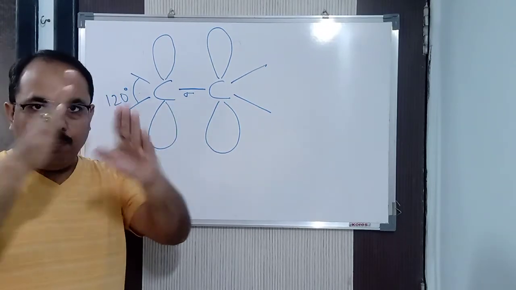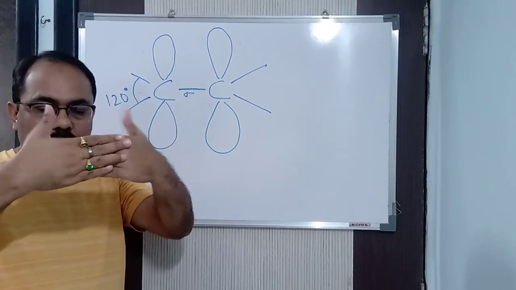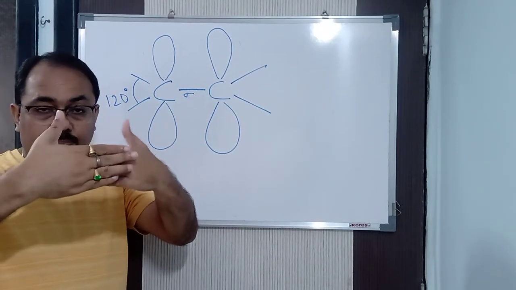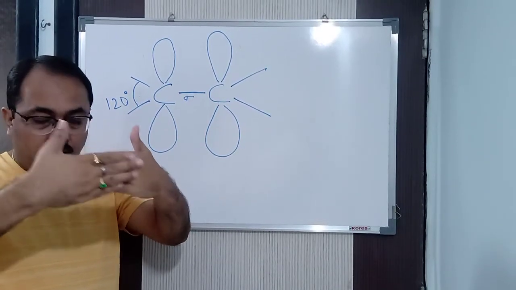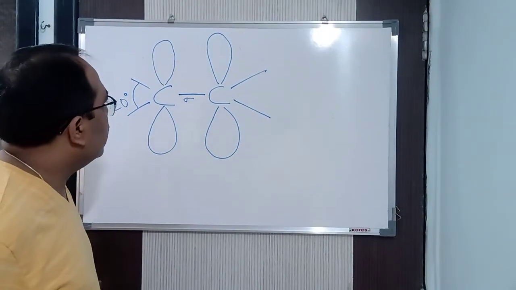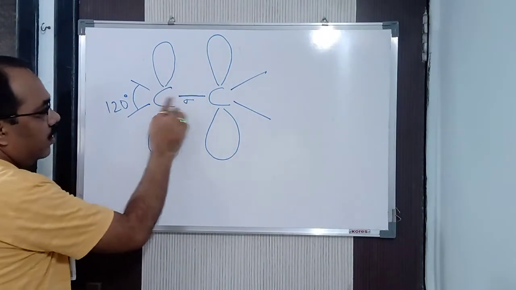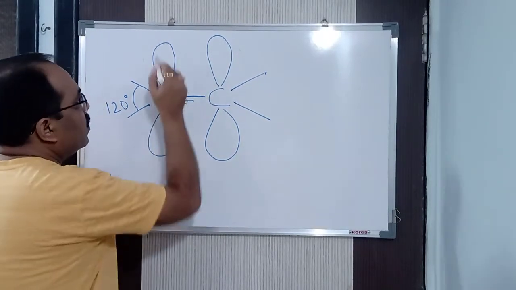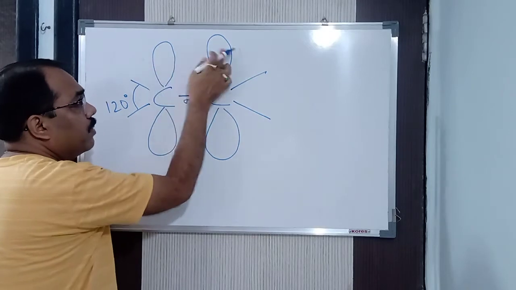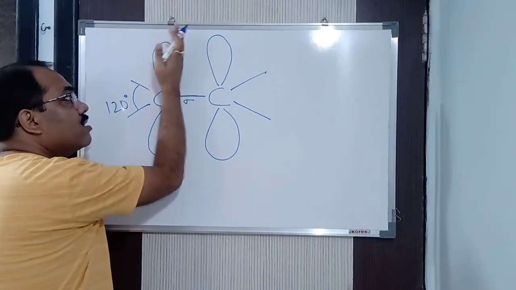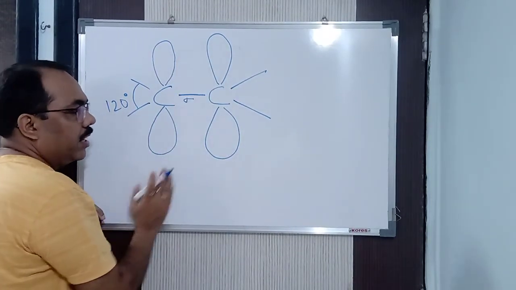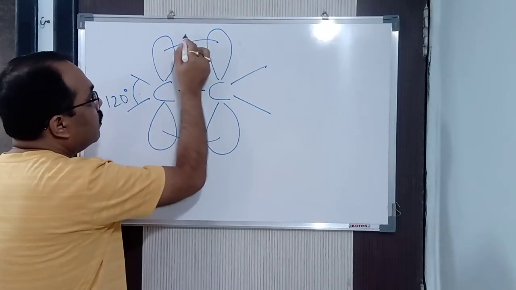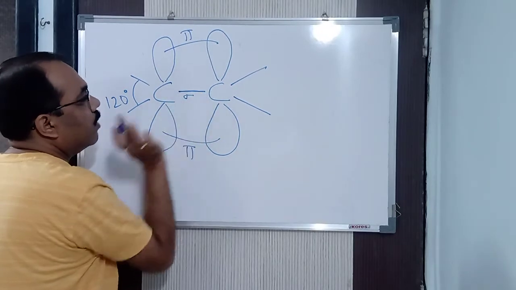In the case of the sigma bond, it is head-on overlapping, so it is a strong bond because the overlapping is greater. Diagrammatically we represent it this way: this will come over this sidewise and undergo lateral overlapping. So this particular one is your pi bond, and this particular one is your sigma bond.